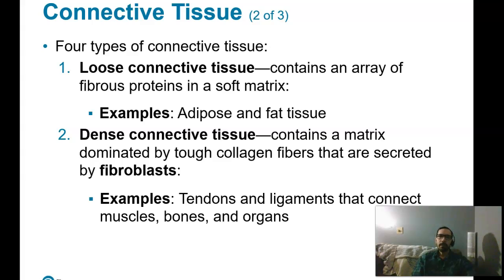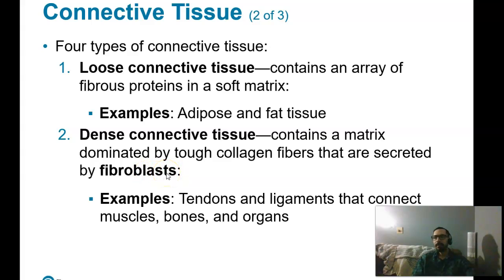So there are four types of connective tissue. There's loose connective tissue, which contains an array of fibrous proteins and a soft matrix, and you can see that with things like adipose tissue and fat tissue. Then there's dense connective tissue that contains a matrix with a lot of collagen fibers, which are secreted by fibroblasts. When you see the word blast, that means it's an active cell that's still producing.